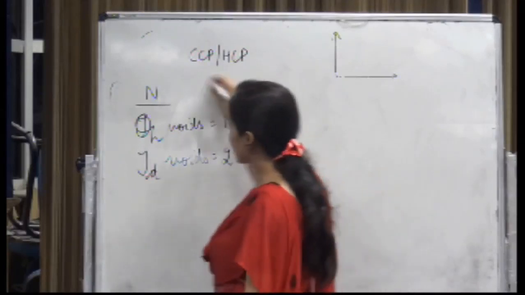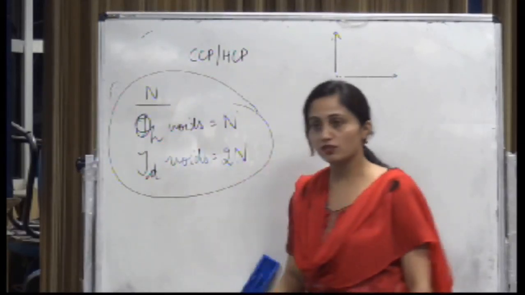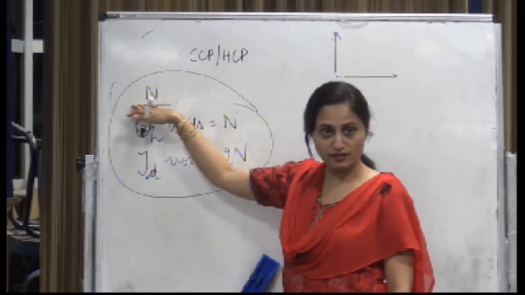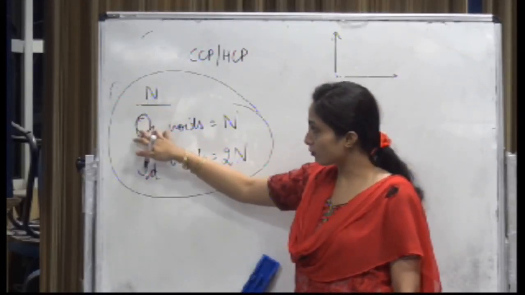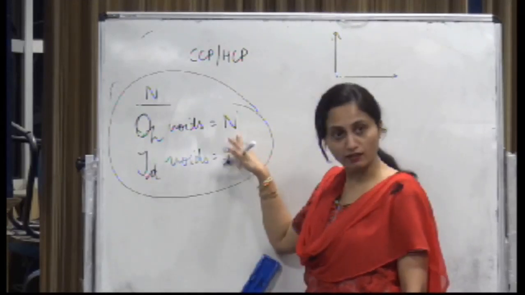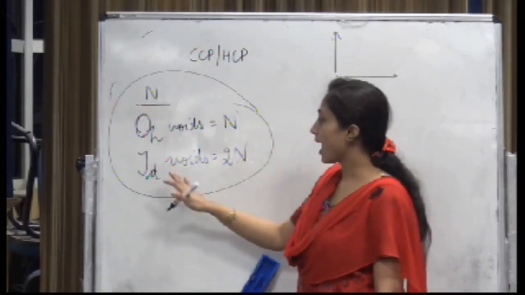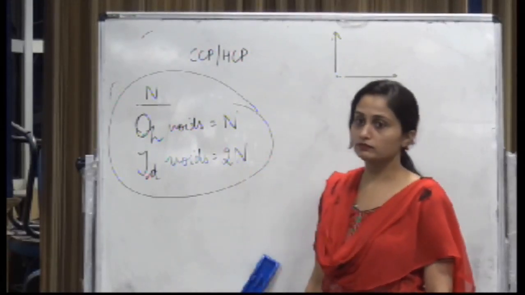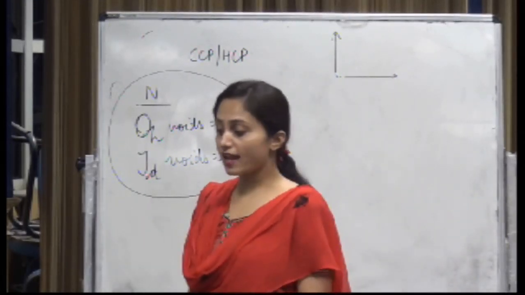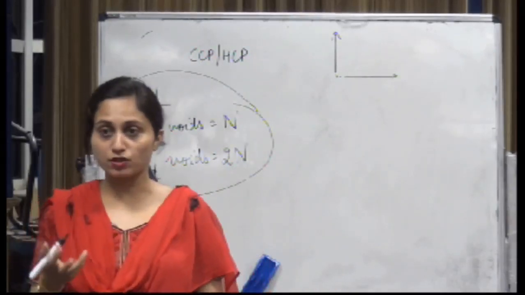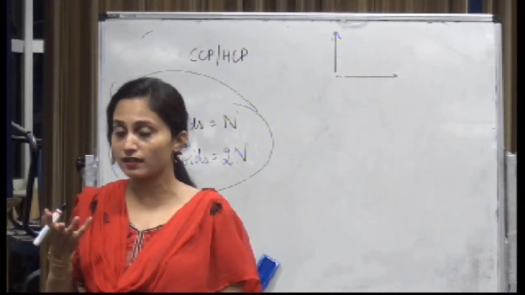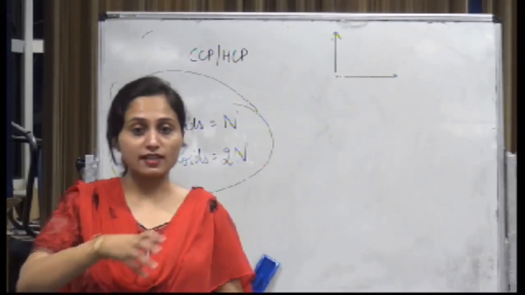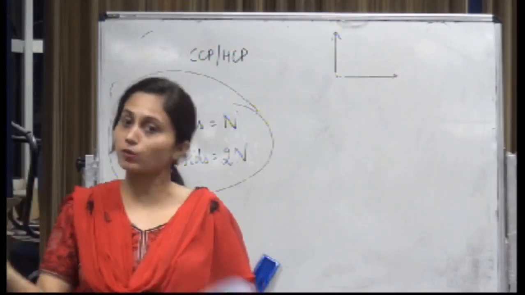Just remember this, and I will give you numericals based on it quickly. I repeat, if n atoms are possessed by any system, then the number of octahedral voids is equal to n, that is equal to the number of atoms only, and the number of tetrahedral voids is equal to 2n. And remember, if the lattice positions or the crystal sites are being talked about, then the number of lattice sites will be equal to n only.